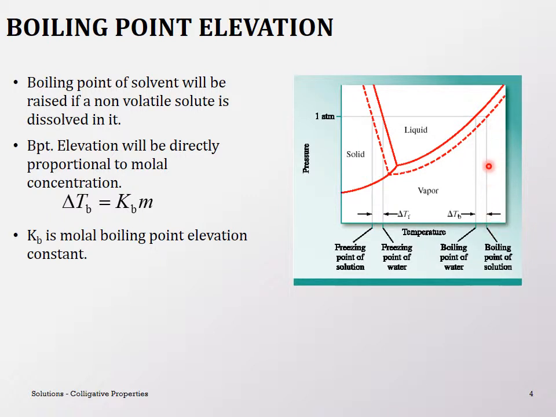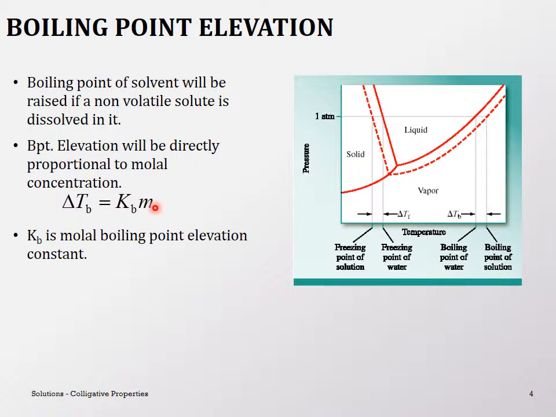Okay, so if you have a solute dissolved in it, look at this. The boiling point, okay, originally is here, but when you dissolve something in it, the boiling point will change. It will actually increase, okay? And that is a property of solutions. There is nothing much you can do about it, okay? And so anyhow, boiling point elevation will be directly proportional to the molar concentration. Molar concentration, remember, is moles of solute over kilograms of solvent, okay?